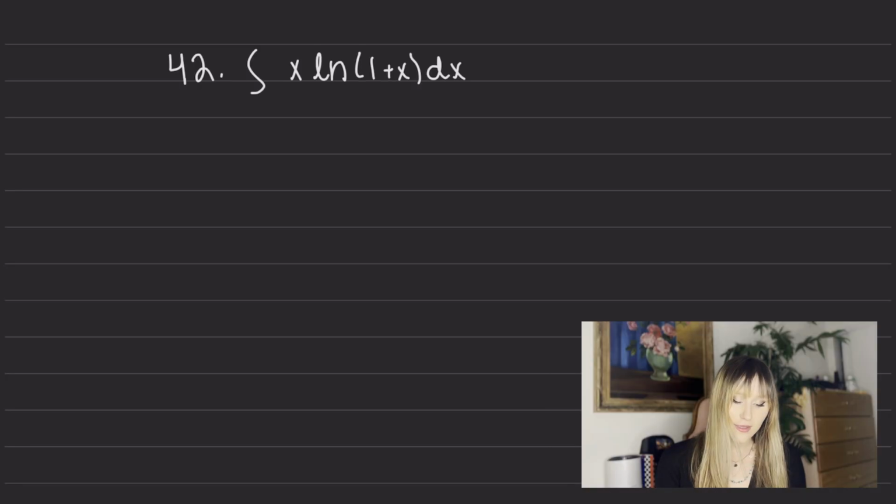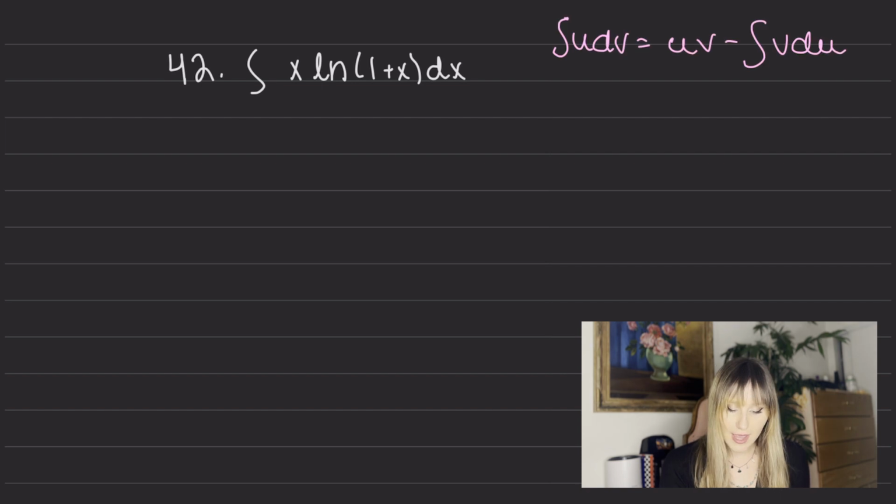All right. Hello again. We have some more problems right now, so let's do 42. The integral of x times ln of 1 plus x dx. The LIATE rule that we talked about, we have logarithms, so that's what I'm going to do first. As the u, I'm going to assign the logarithm.